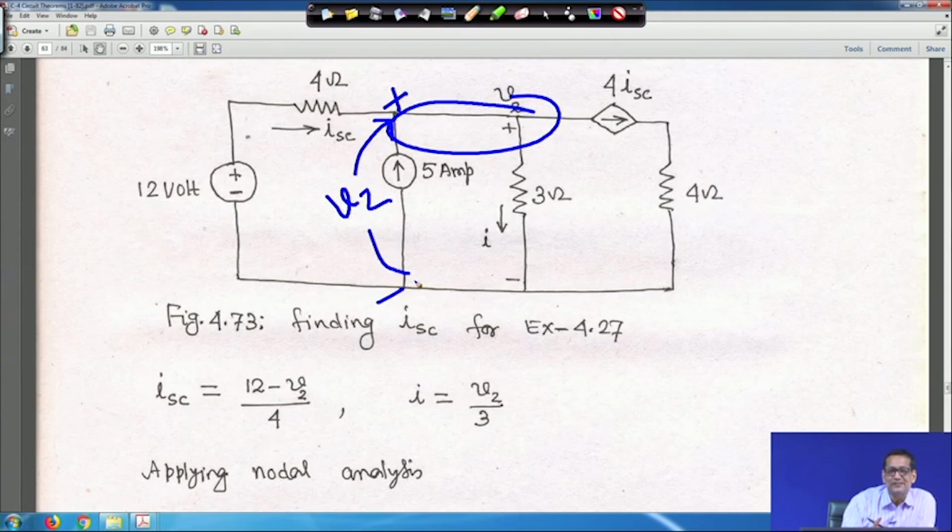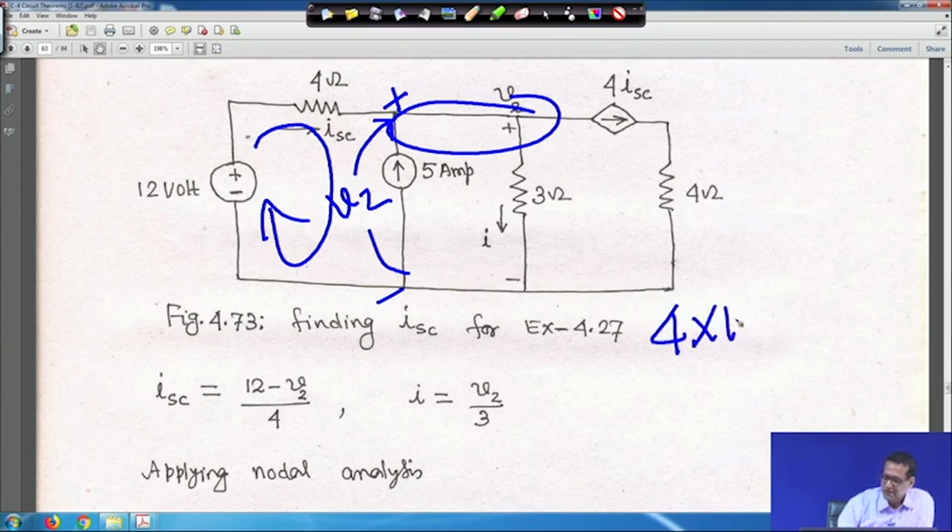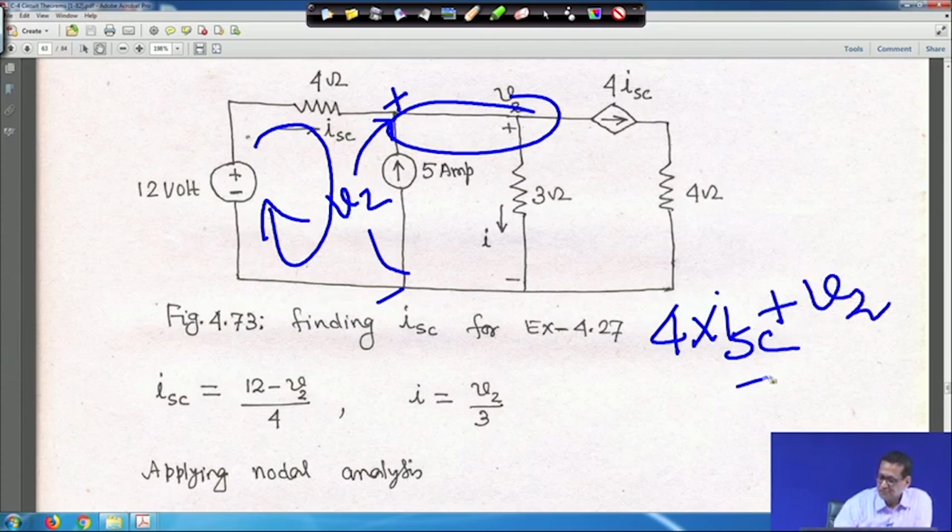Same as before, several times we have done it. So, apply KVL in this mesh. You will get 4 into ISC, then plus V2 minus 12 is equal to 0.